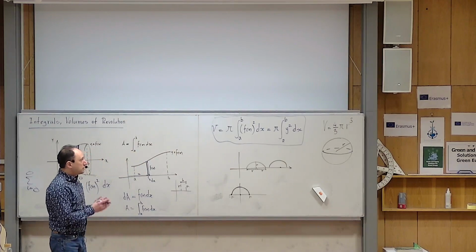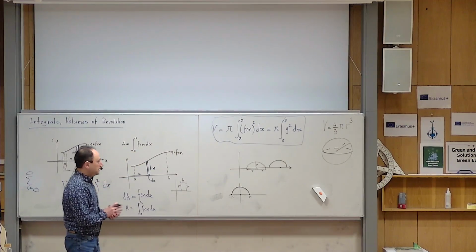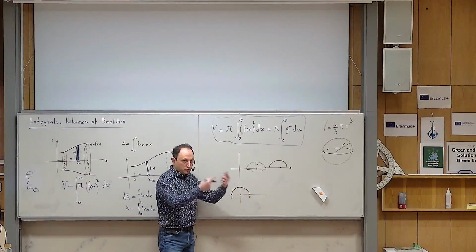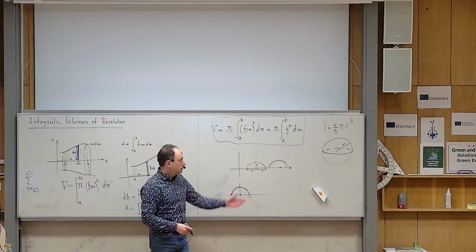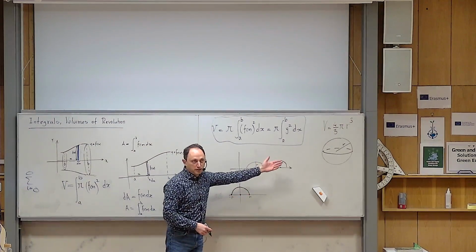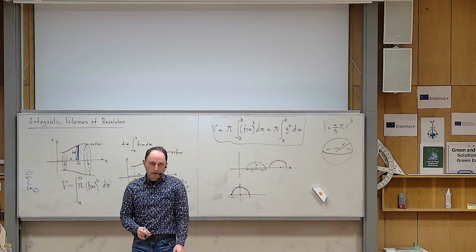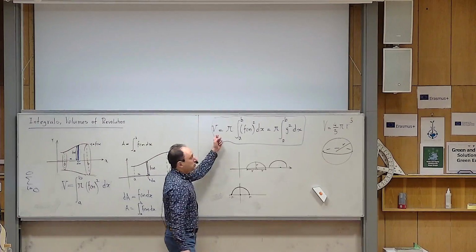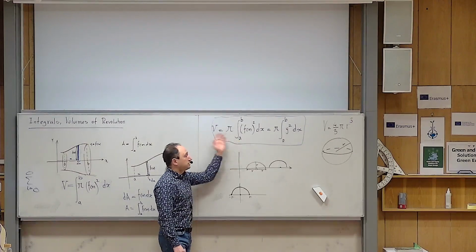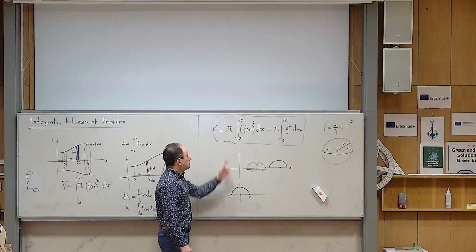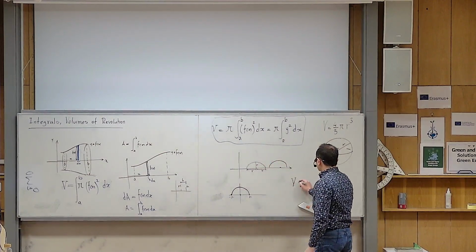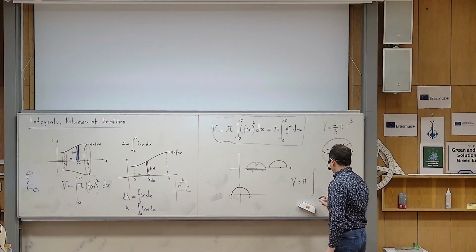So now what I hopefully motivated is that everyone agrees that if I take this curve and rotate it about the x-axis, it will exactly generate the sphere that I'm looking for, to find its volume. Okay. So now the formula is here in front of me. I have to fill it up. To fill up the formula for the volume, what do I need? Pi is a constant. I need to fill up here.